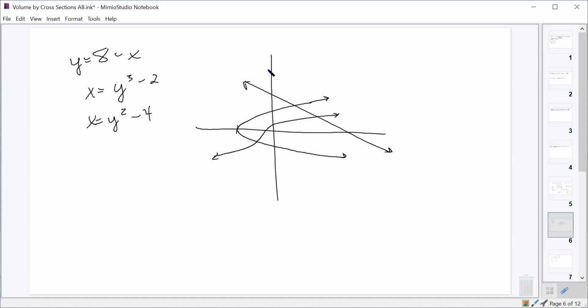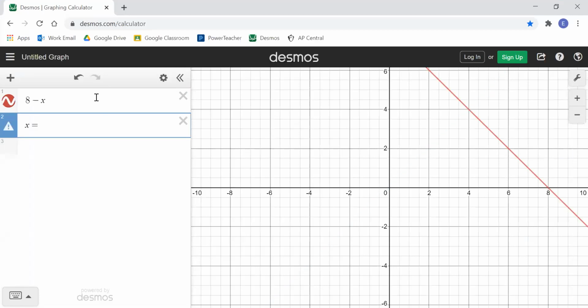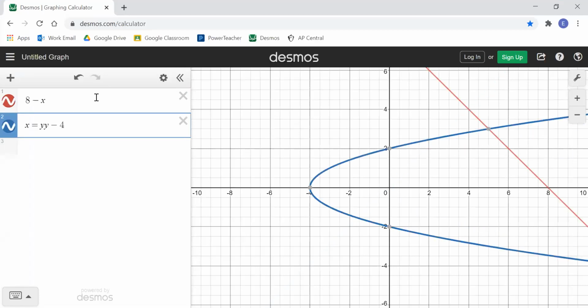But what we will note is we got some issues here, right? For this region, maybe if we sketched it into Desmos, just so we have a better basic idea of what it looks like. 8 minus x equals y squared minus 4, and x equals y cubed minus 2, right?